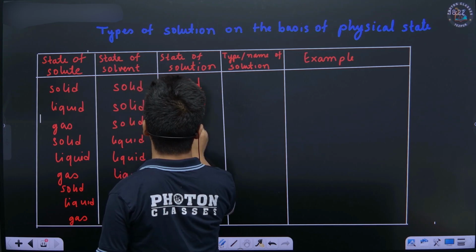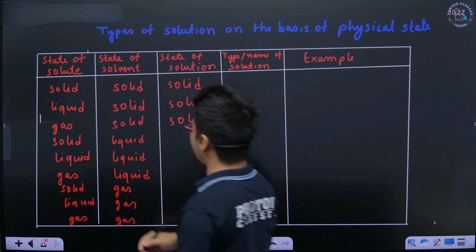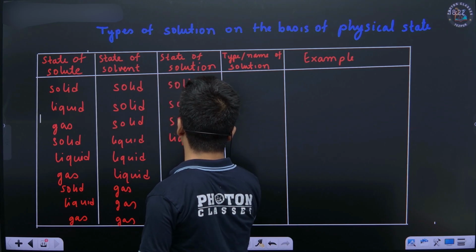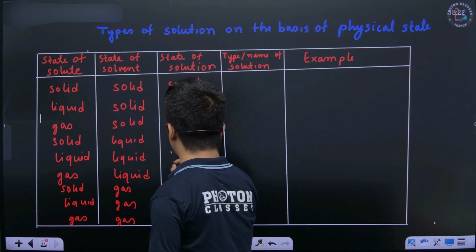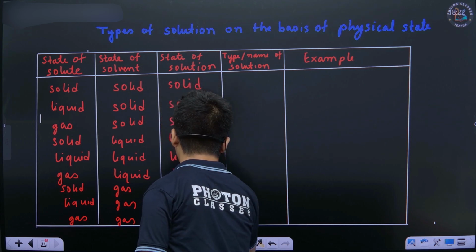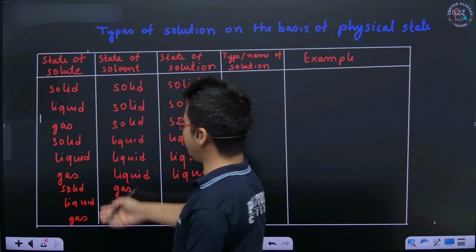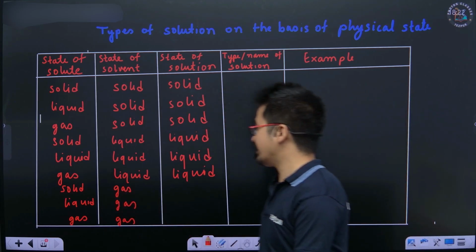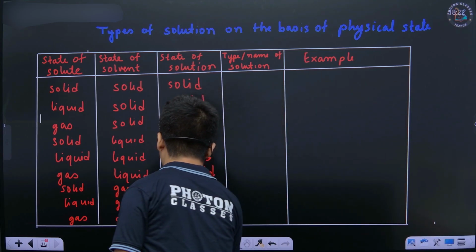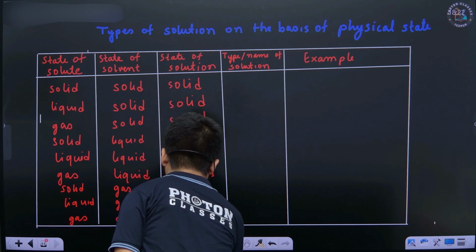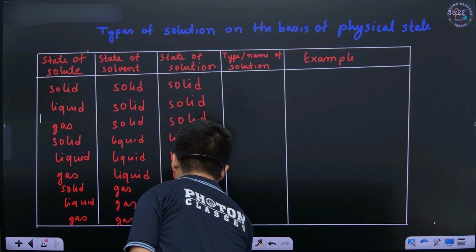Here, since the state of the solvent is liquid, the phase of the solution will also be liquid. Here the solvent is in gas state and the solute is in 3 different states, so in all these cases the solution will be in the gas state.